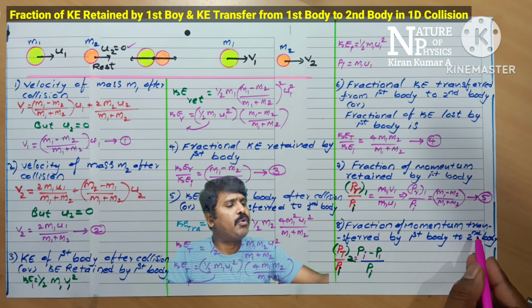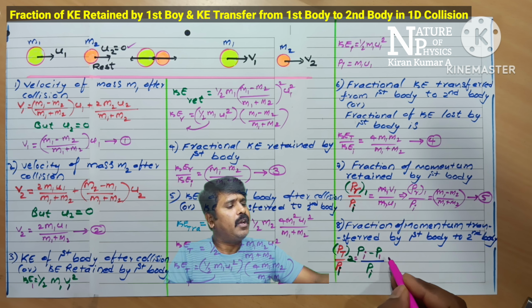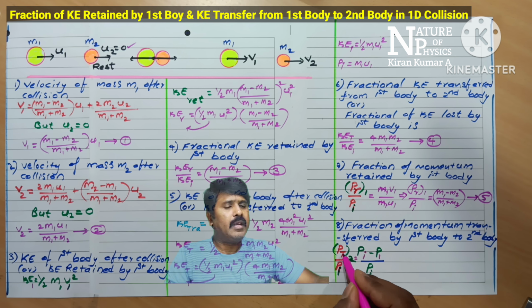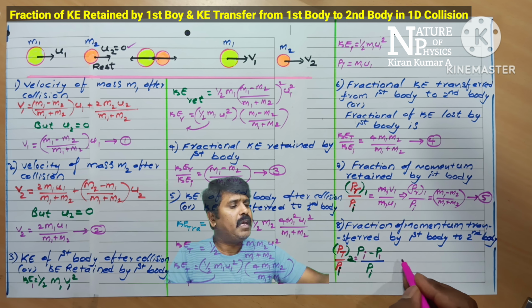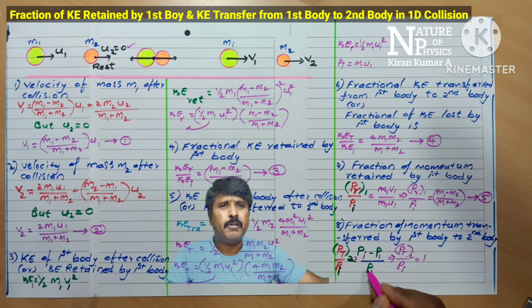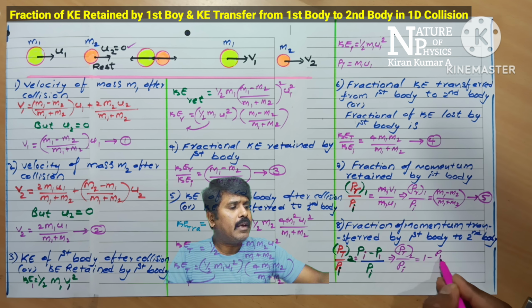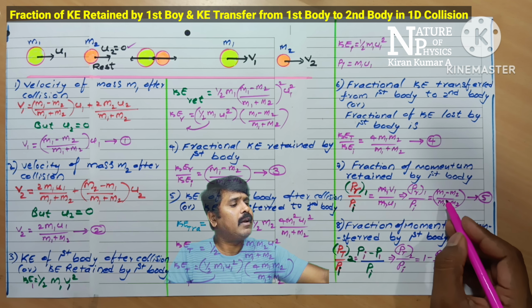And next, the fraction of momentum transfer. We already have the formula: the momentum transferred to the second body relative to the initial momentum of the body, Pi, is equal to (Pi minus P1) divided by Pi, student. So continuing the step, P transfer to the second body divided by the initial momentum is equal to (Pi minus P1) divided by Pi, which is 1 minus PR by Pi.